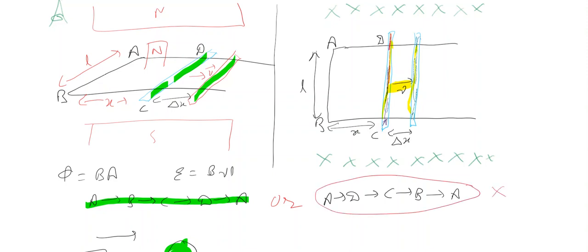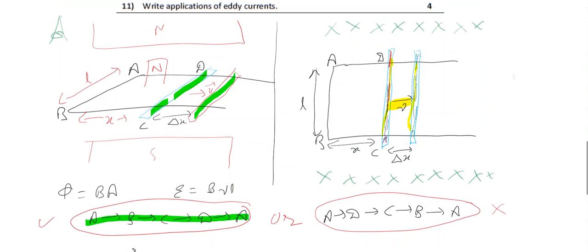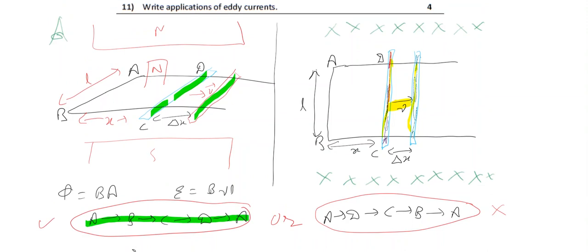This is possible if we are taking the rod leftward. Then you will have induced current from A to D to C to B to A. But for now, this is the direction of induced current. Now there is one more concept involved here. As there is induced EMF, there will be some current passing through rod CD, isn't it?